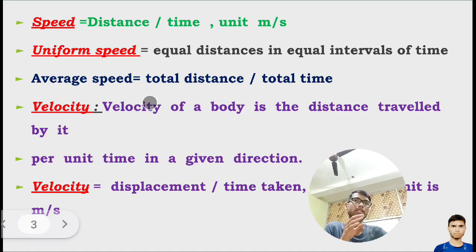Now what is the average speed? Just total distance upon total time will give you the average speed. Sometimes you will stop, sometimes you will decrease the speed of your vehicle.